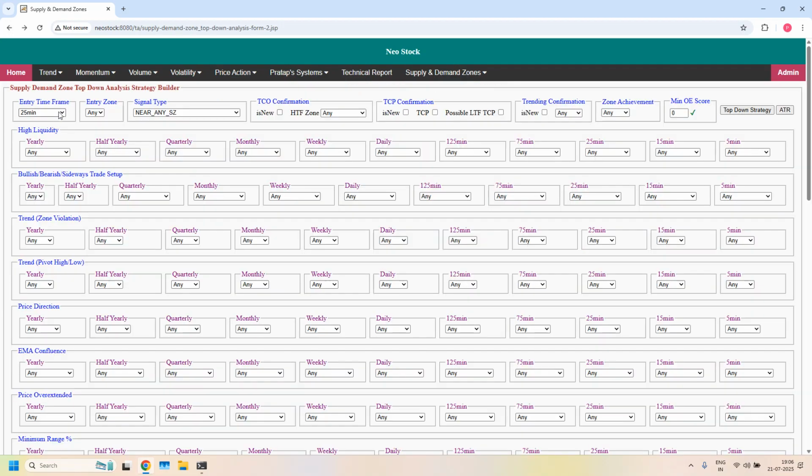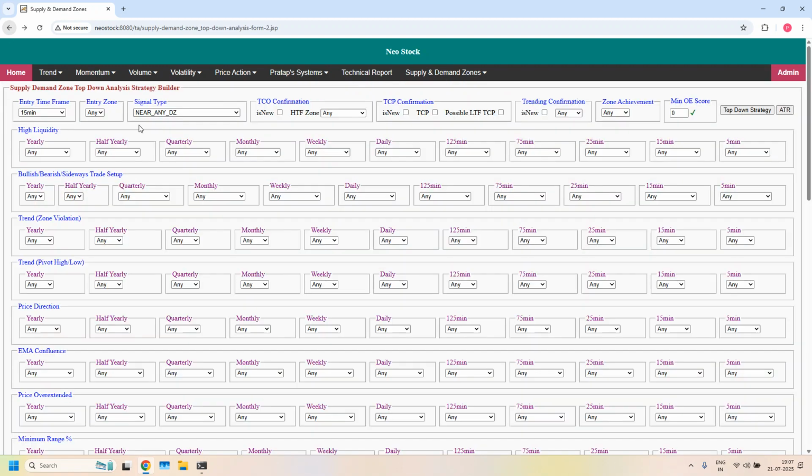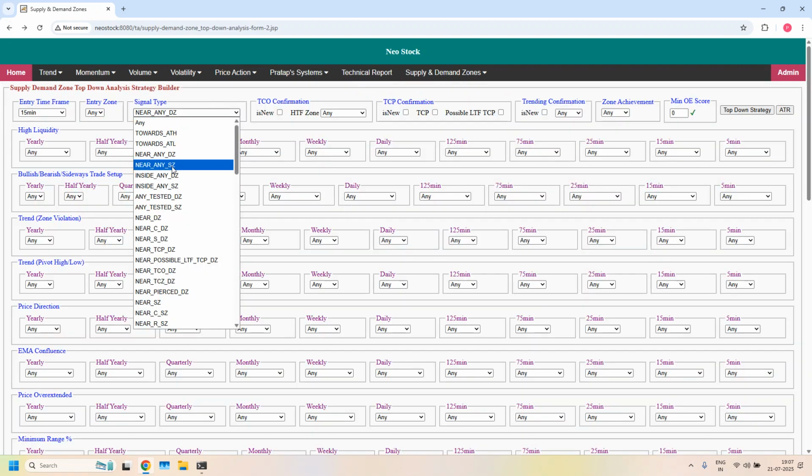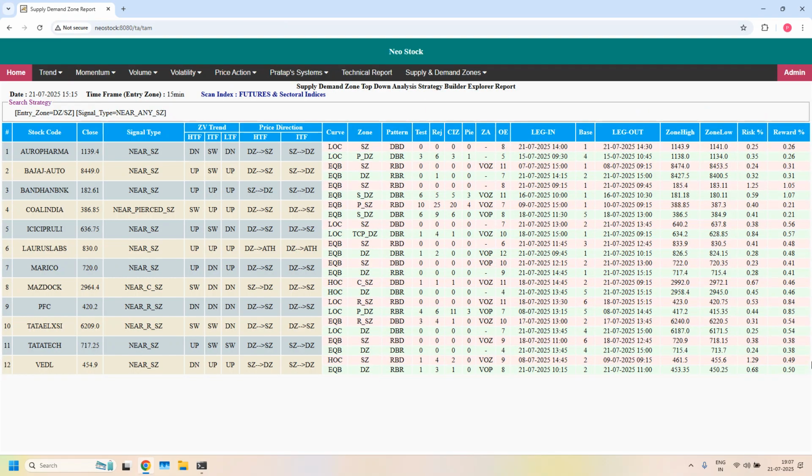Okay, the next time frame is 15 minutes. Stocks near to the 15 minutes demand zone, we got 7 stocks. Next, stocks near to the 15 minutes supply zone, we got 12 stocks.